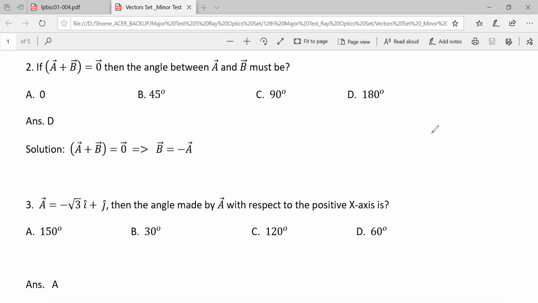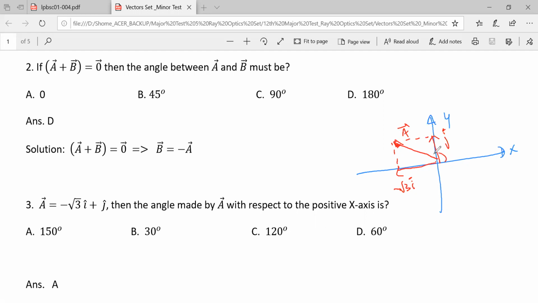You can see that this is your xy plane. Then this vector is having negative root 3 i cap as one component, and j cap as the other. So the vector itself is like this. This is the vector here.